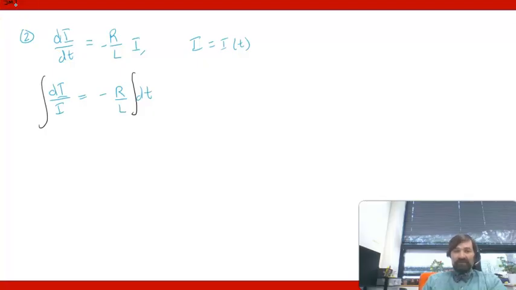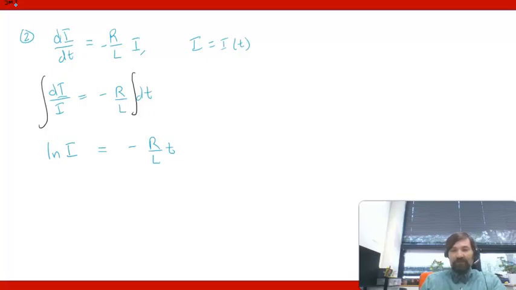And so on this side I have essentially like a 1 over x dx, and you know that the integral of that gives you the natural log. So I have the natural log of I is equal to negative R over L times t, plus some constant of integration, but that one ends up being 0 here.